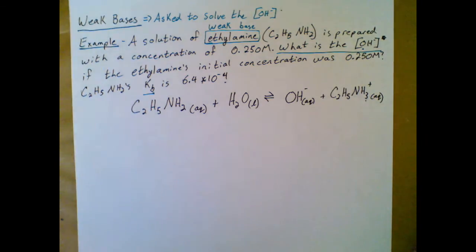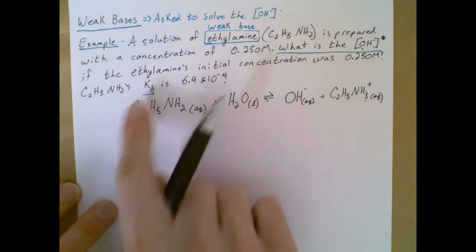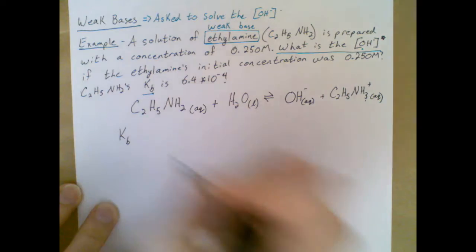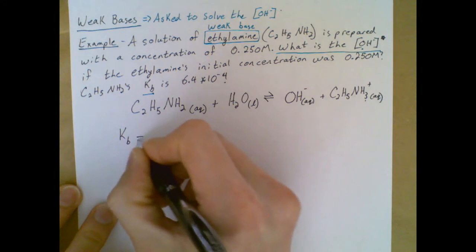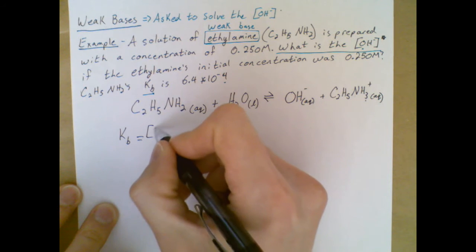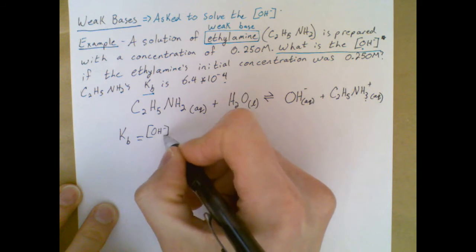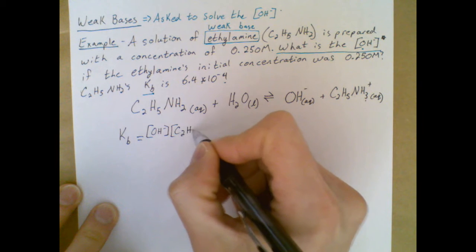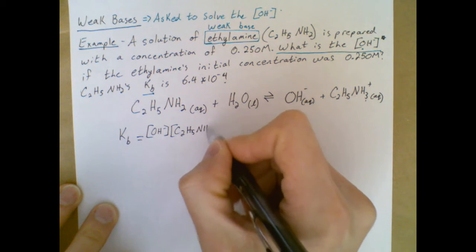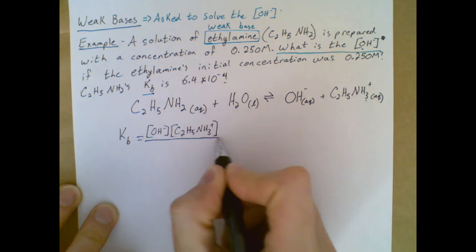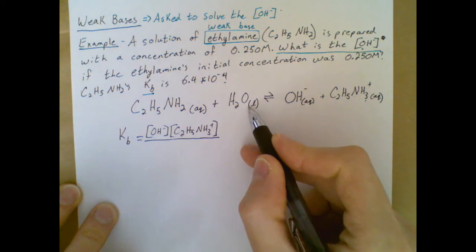So let's take a look at how we would do this calculation. We're dealing with the Kb, which is an equilibrium constant, so it's going to be products divided by reactants. So products are going to be OH minus and C2H5NH3 plus divided by reactants. Remember, water is a liquid.